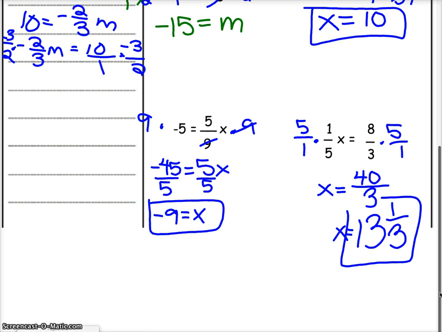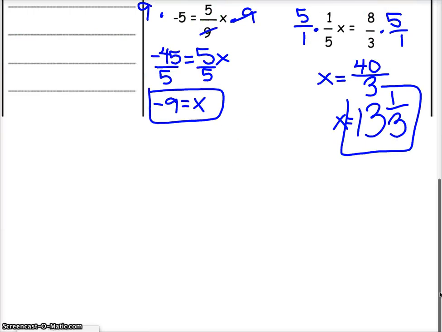I want you to practice the trick real quick that I showed you. So take your whiteboards out and write this problem down. Okay, so I'm just going to model through the trick quick. The trick says to get rid of the bottom number first.